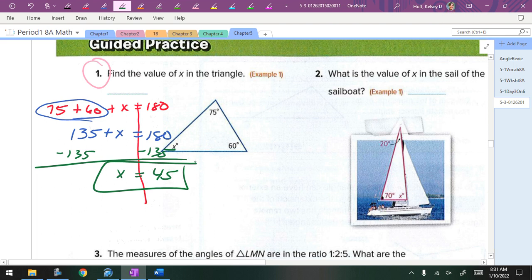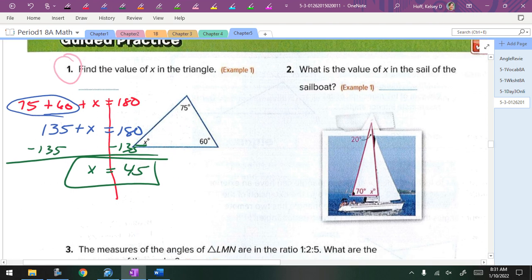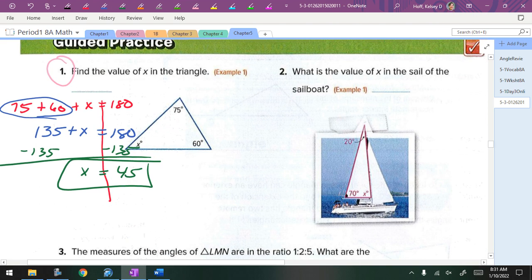Okay? Now that we've warmed up, do number 2. Same exact thing. Go and do number 2.